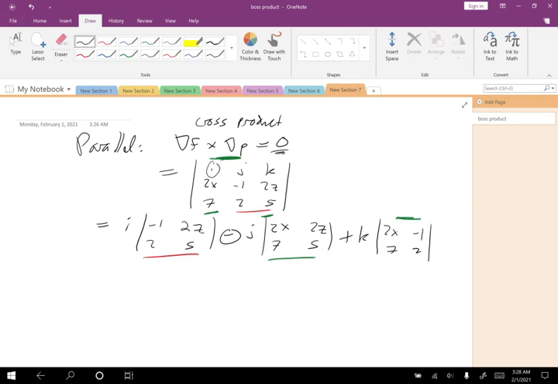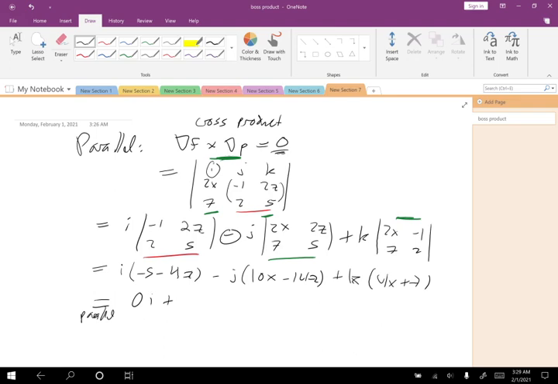So if I was doing the i, I would only look for the other two columns and the row. So let's just do the rest of the determinants. This is i times negative 5 minus 4z. This is minus j times 10x minus 14z plus k times 4x plus 7. We want all of these things to be 0 for the vectors to be parallel.